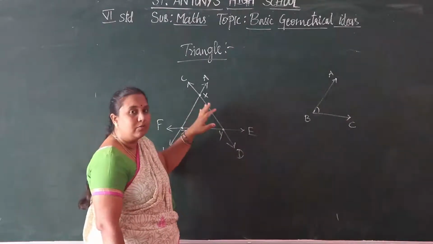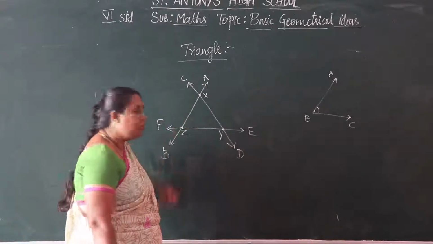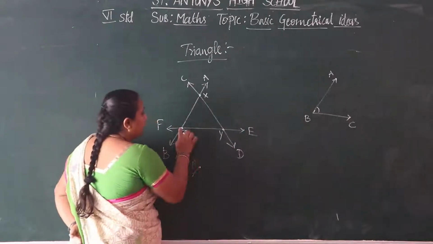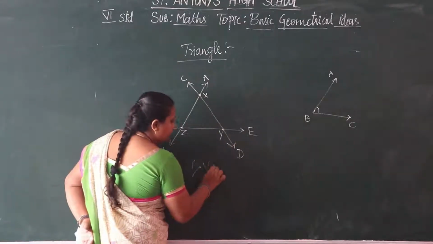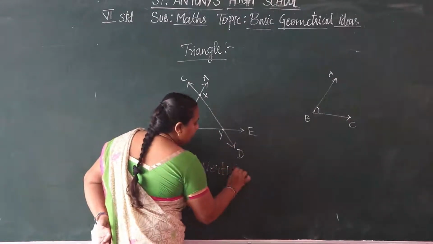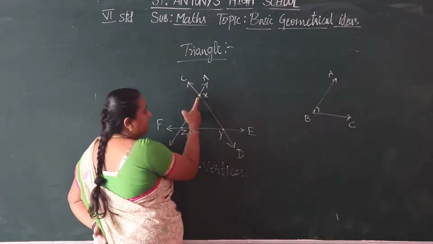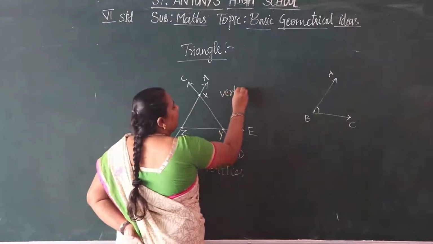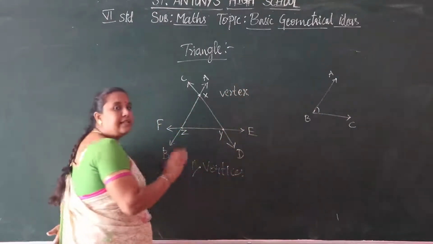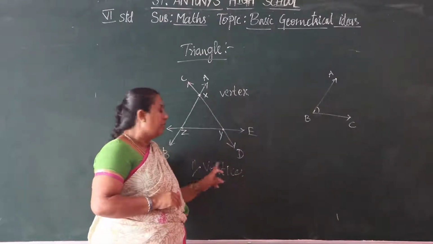Now we have vertices. Only one we call a vertex; one or more is the plural form, so we say vertices.